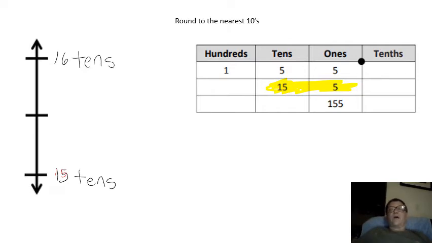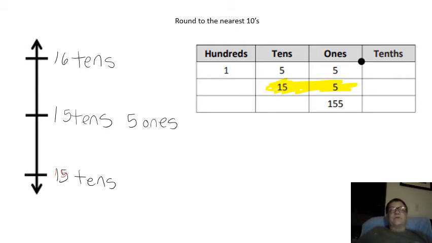Now that we have 15 tens on bottom, 16 tens on top, we need to find out what the midpoint is. And this would be 15 tens and 5 ones. Because right in between 15 and 16, or let's just say in between 0 and 10 is 5.